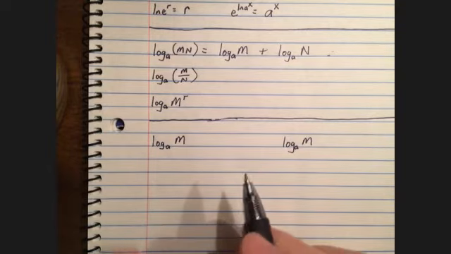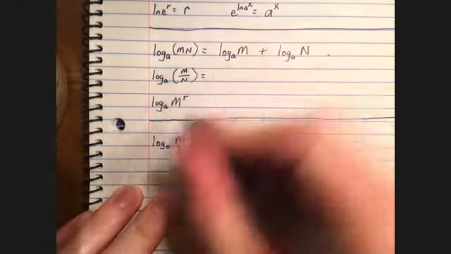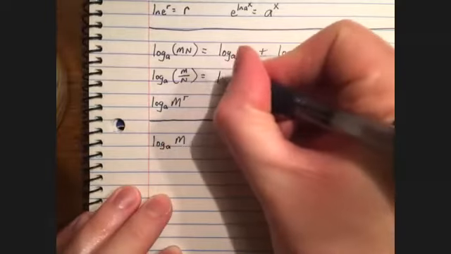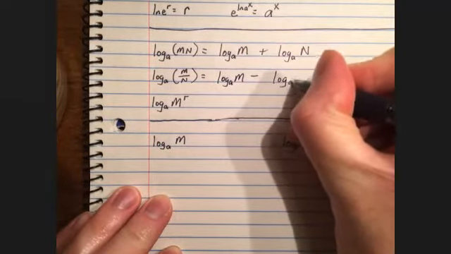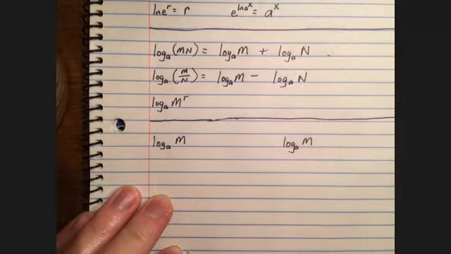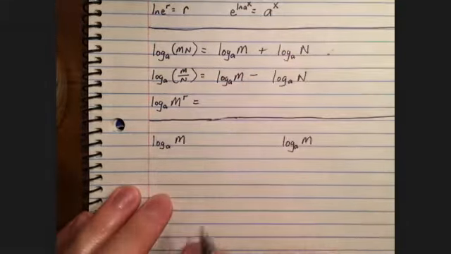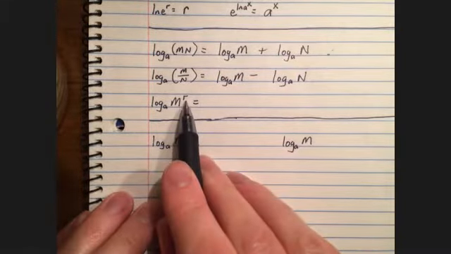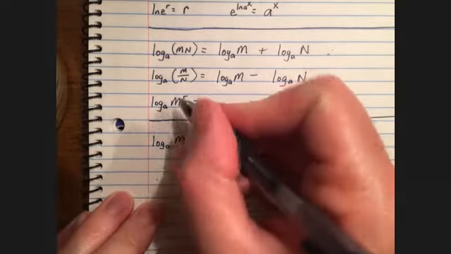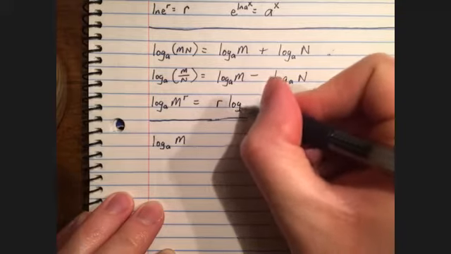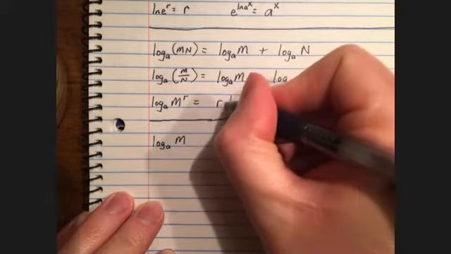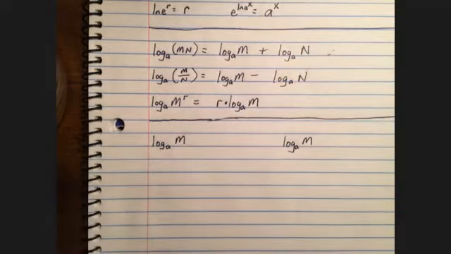So it's just addition when you multiply. Now when you divide, you actually subtract them. So log base a of m minus log base a of n. And the other property we use quite often is when we have an exponent, we can take that exponent and move it to the front. So it's r times log base a of m.